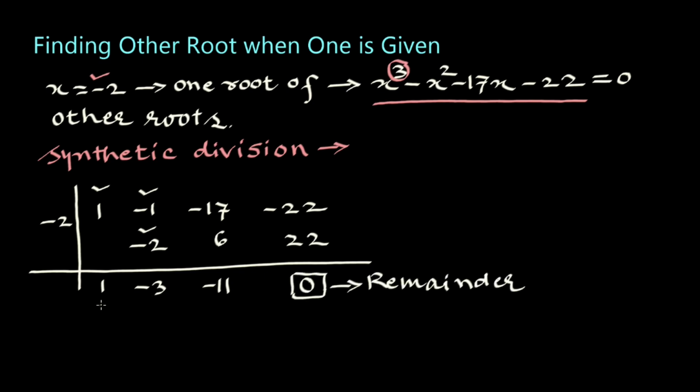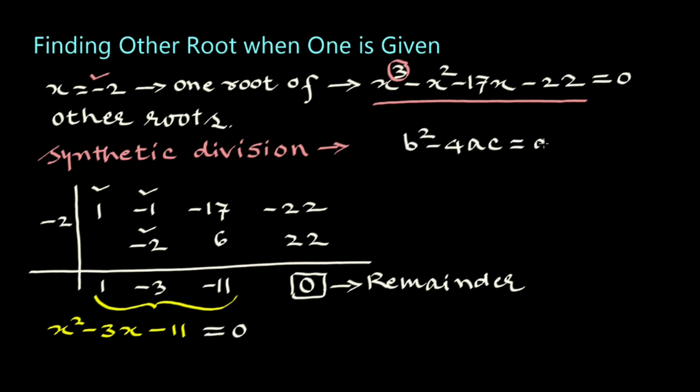And the polynomial obtained from these 3 coefficients, 1, minus 3, minus 11, will be x square minus 3x minus 11. Now we have to factorize x square minus 3x minus 11 equals 0. b square minus 4ac will be minus 3 square, 9, minus 4 into 1 into minus 11, that will be 53.